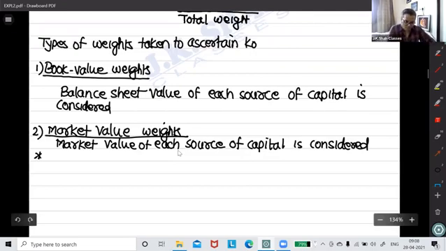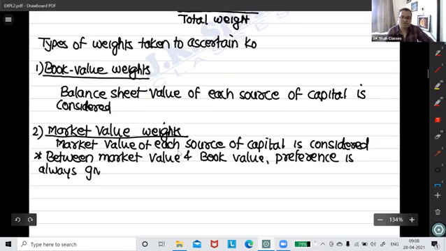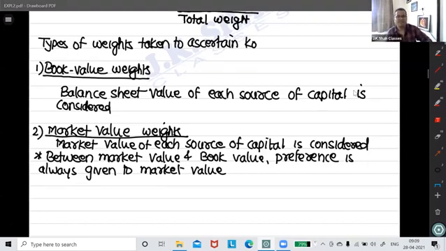Now, some important points related to this. Between market value and book value, preference is always given to what?